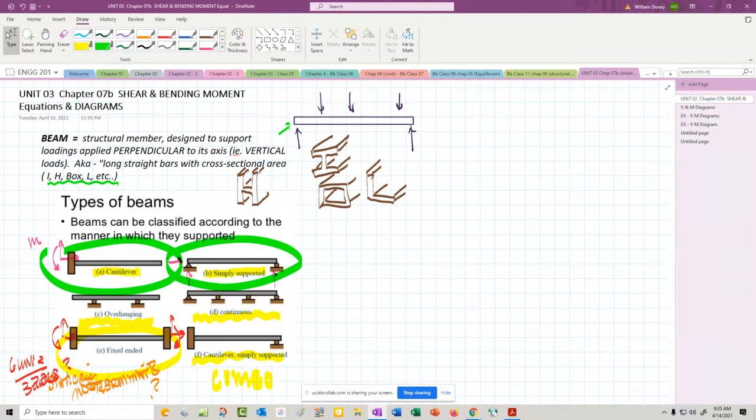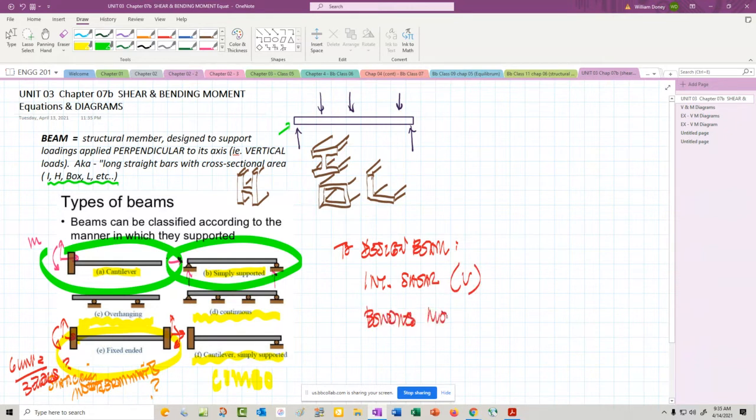And again, to design a beam, we need to know, and this is a little bit of review because the book mentioned this earlier, we need to know the internal shear, which is V, and we need to know the bending moment, which is M. And then we add those together with the design code, and we can design a beam that will work for that situation.